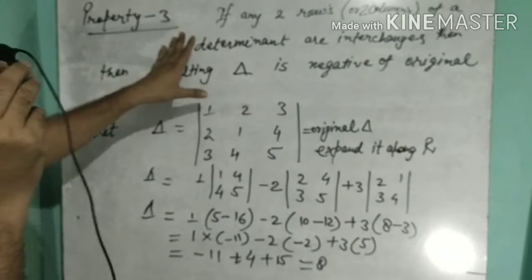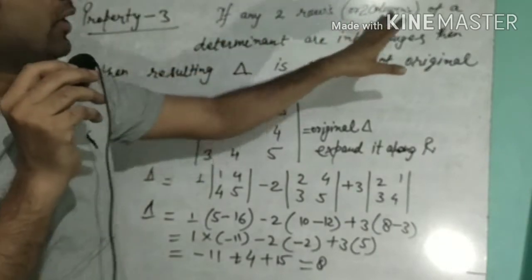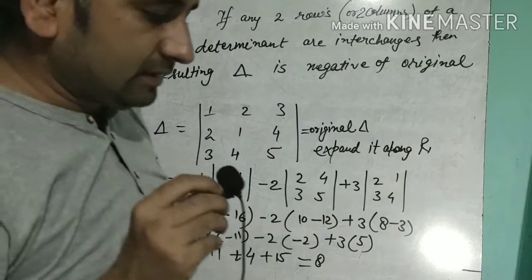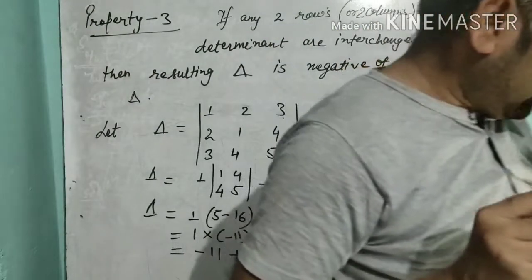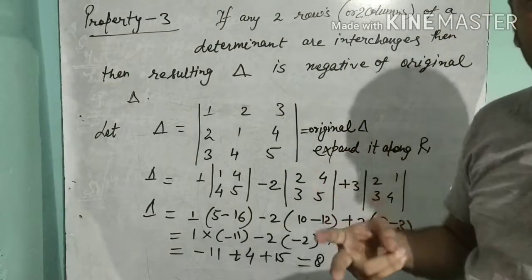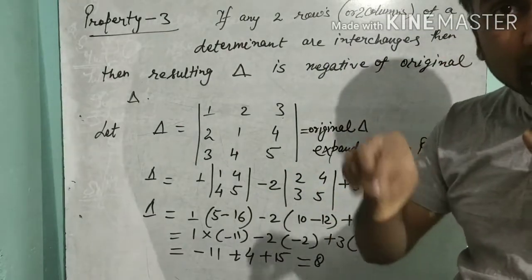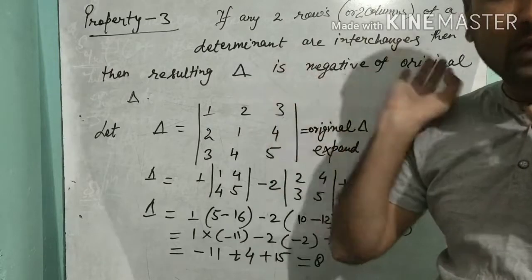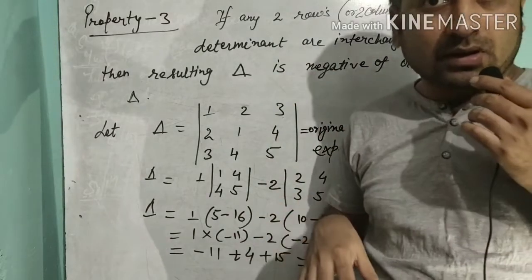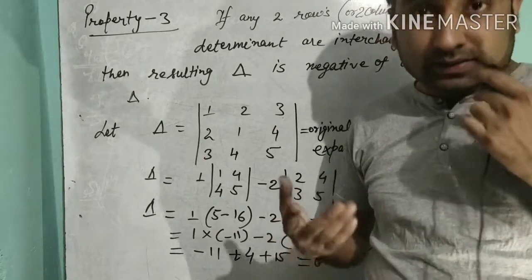So property 3 is: if any 2 rows or 2 columns of a determinant are interchanged, the determinant right now is known as the original determinant, but after the change it will be called the resulting determinant.